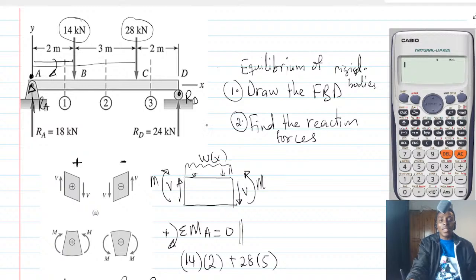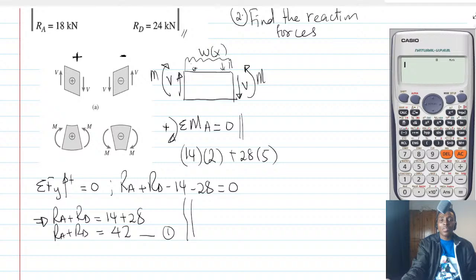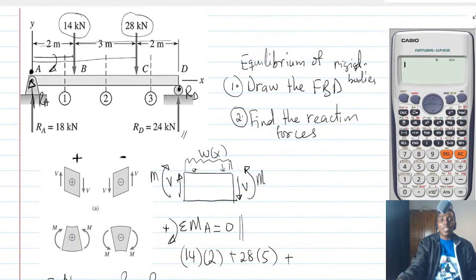And then finally, RD multiplied by 2 plus 3 plus 2, that is 5 plus 2, that is 7. But what is that? That one is going to be minus. Oh, sorry, we don't know it, so it's not 24.